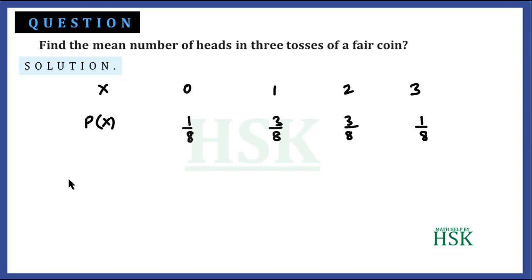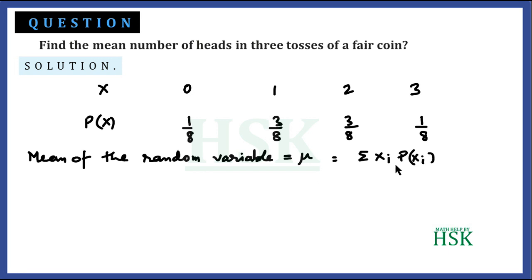Now we shall calculate the mean of the number of heads in 3 tosses of a fair coin. The mean of the random variable, which is equal to mu, is equal to the summation of xi into p of xi, where xi is the random variable and p of xi represents its probability.